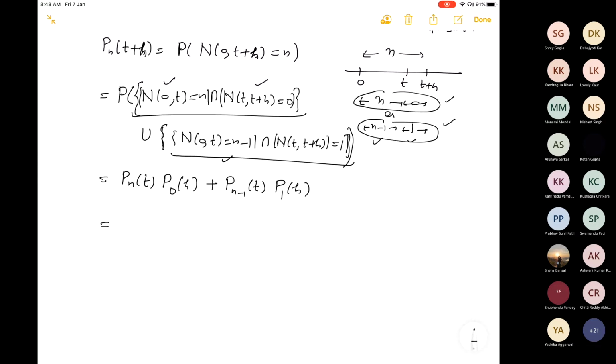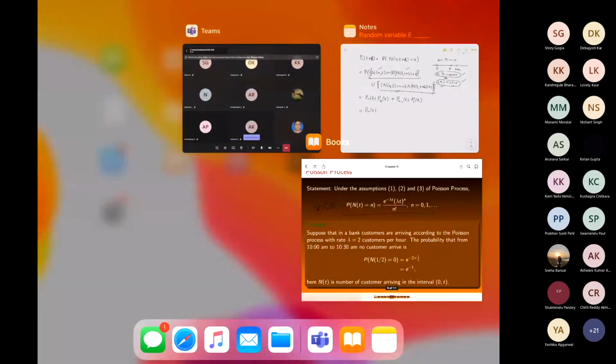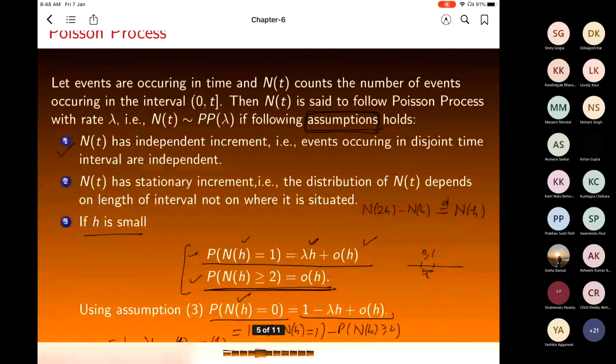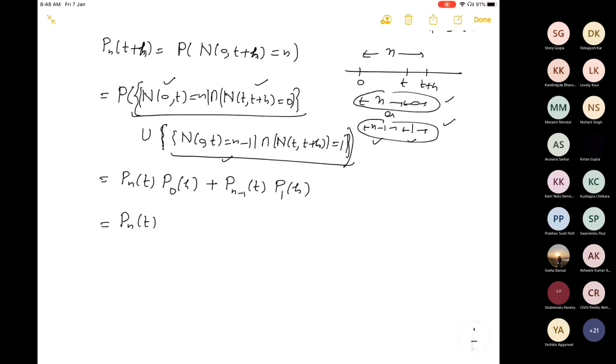Now this will be P and T, P naught H. P naught H means 1 minus lambda H plus small o h by the assumption.